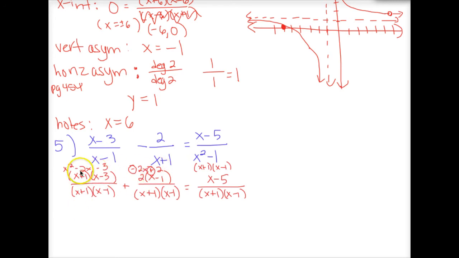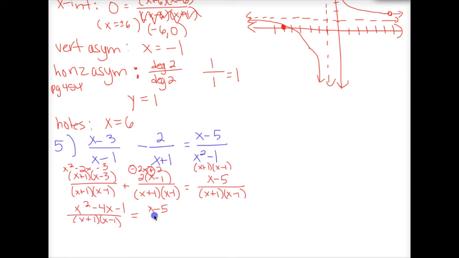So that now is going to give me x squared minus 2x, and then minus another 2x is minus 4x, and then negative 3 plus 2 is negative 1. So that's what I get when I do the subtraction changed to addition on the left side.